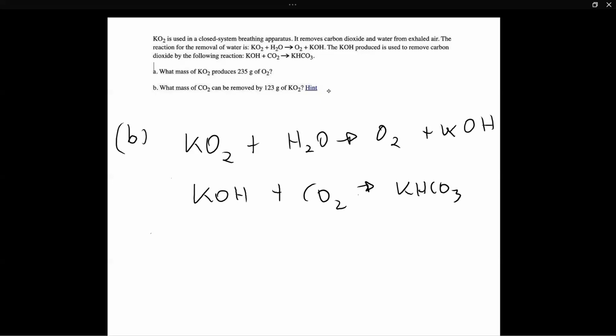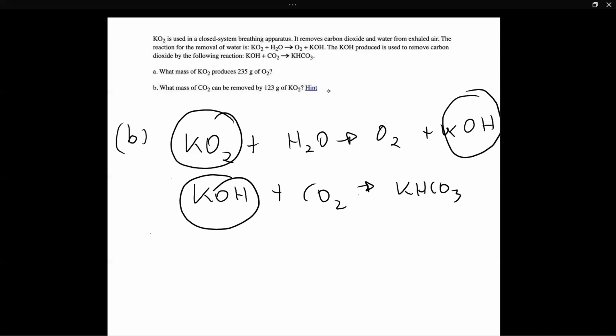So it is actually about logic. So you see that they have given you the starting point over here. They have told you that you have 123 grams of KO2. How much CO2 can be removed using this? But CO2 can only be removed by KOH, and KO2 produces KOH. Do you see where I'm getting at right now?